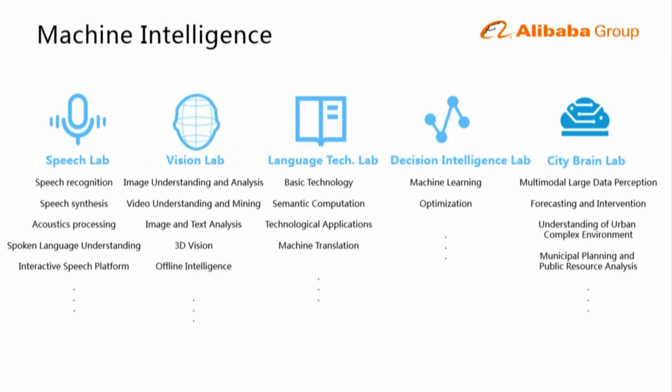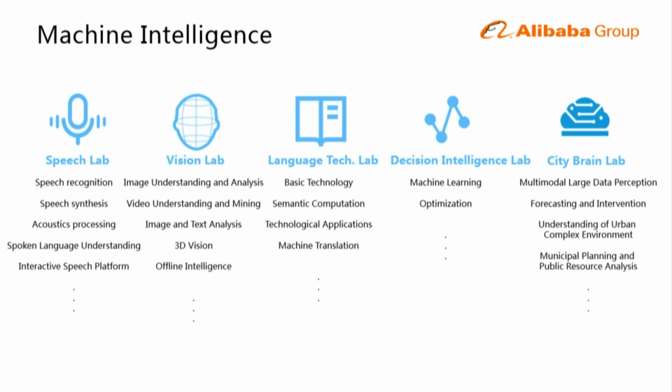The machine intelligence research sector is where I come from. It consists of 5 research labs. For the speech lab, we are doing research related to speech recognition and speech synthesis. For the vision lab, the topics are related to image understanding and video understanding as well as 3D vision.